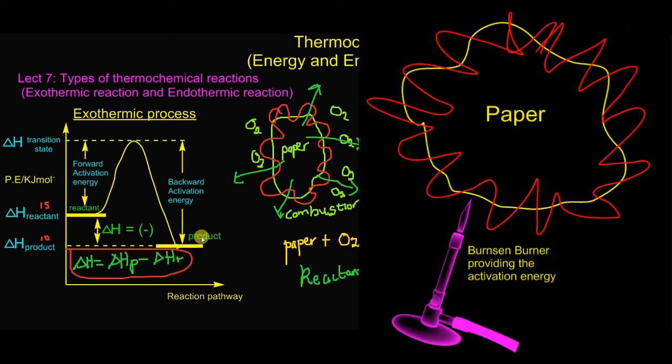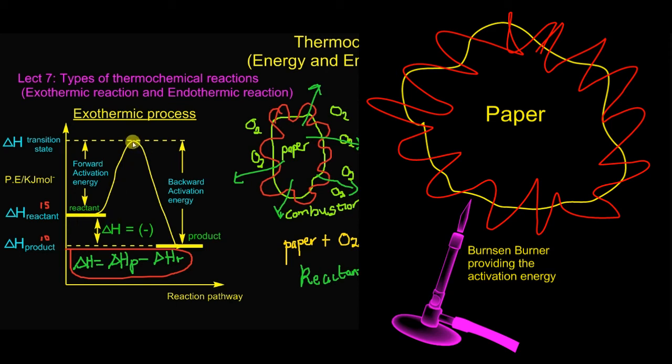When you supply some amount of energy to the paper, it will accumulate some energy, and if the heat is not enough, the glowing or whatever you are doing to the paper will stop. In that case, the transition state is a highly unstable state of a reactant.